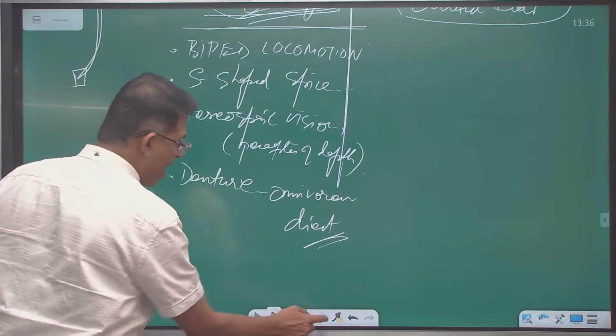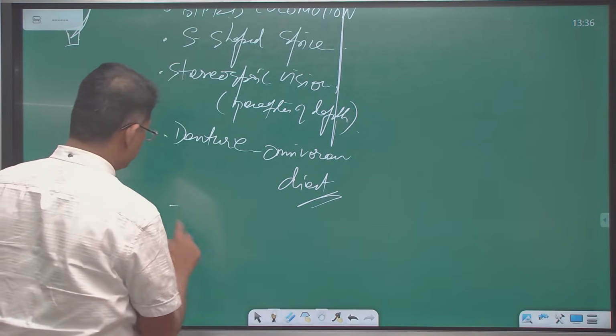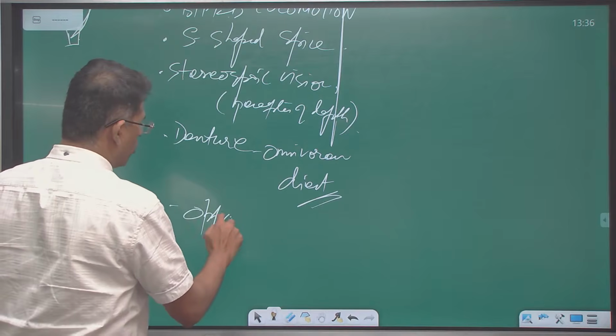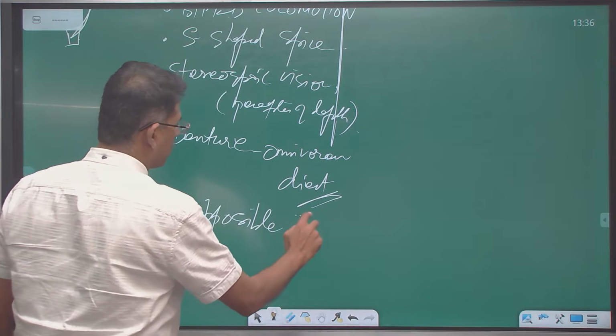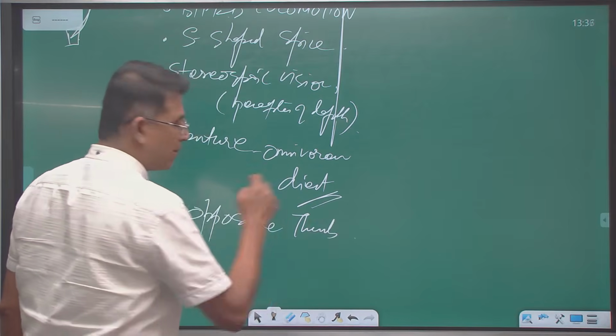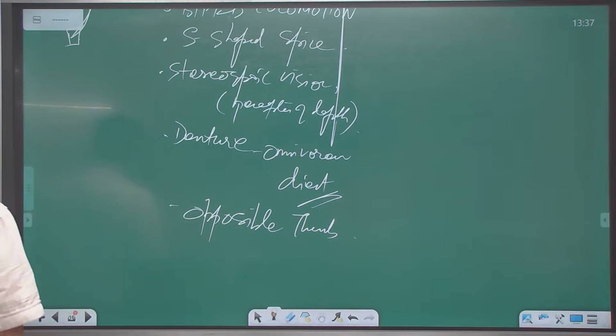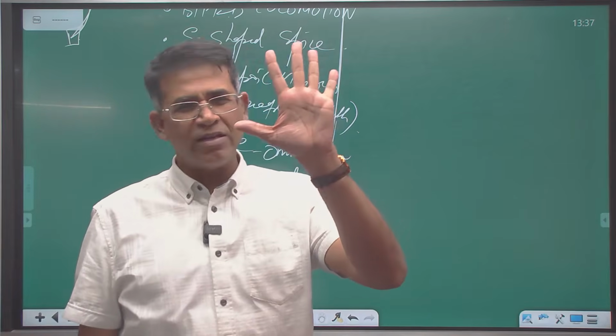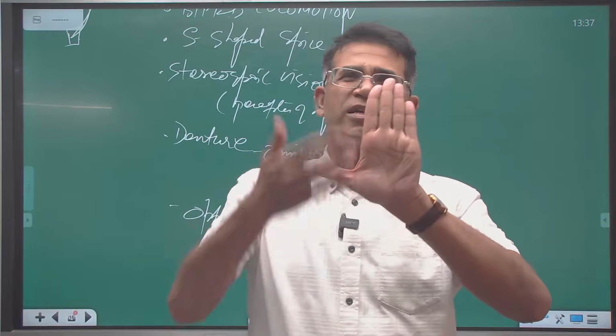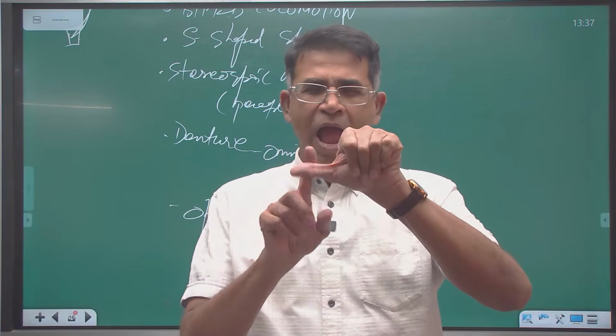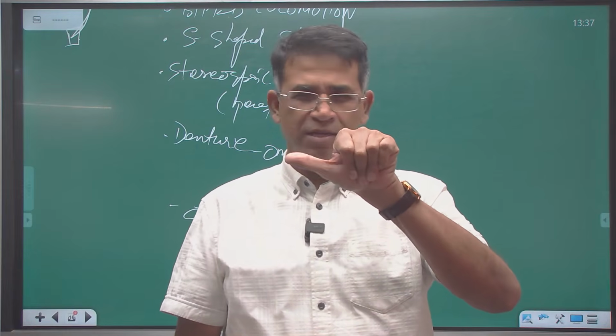What helped man is also the opposable thumb. What's that? My four fingers turn in one direction and the thumb turns in this direction.